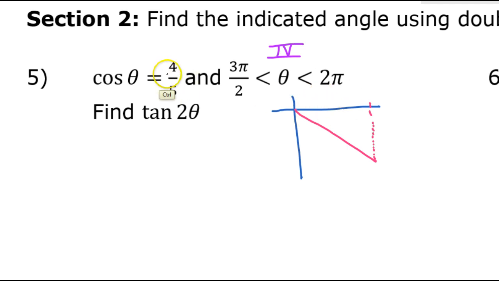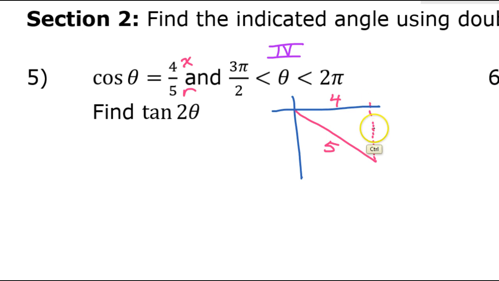Okay, now cosine, in terms of x, y, and r, cosine is x over r. So this tells me that x is 4. So I'm going to put a 4 right here. And r, the radius, is 5.